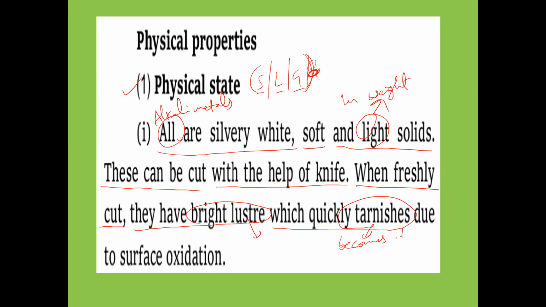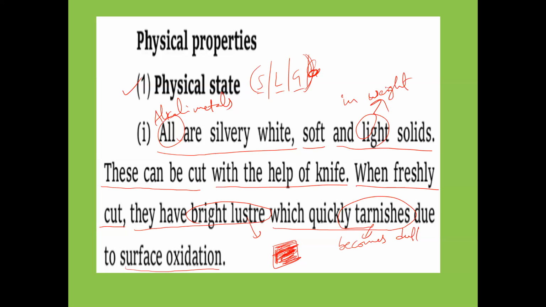Suppose you cut the sodium. Initially the cut surface will have luster, a shining surface. Slowly it becomes dull. That means tarnishing takes place. Tarnishing takes place due to surface oxidation.